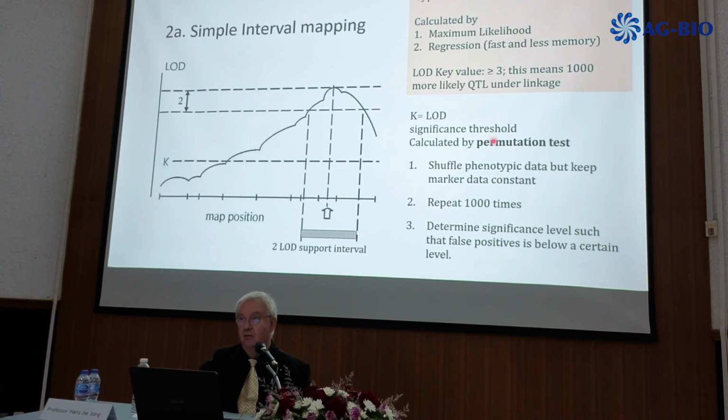So the permutation, I will come to that quite more extensively. The permutation test is a very good and reliable method to find what is above permutation. It's interesting for you to map your QTL, and what is below is what we call background or noise. What's that?